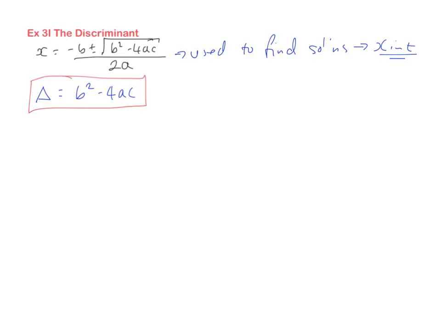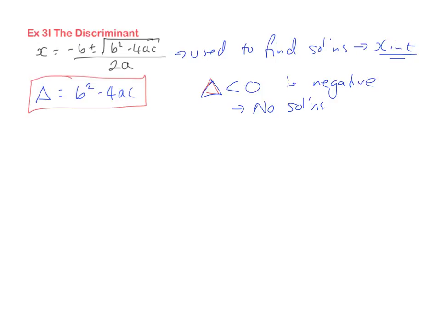So if the discriminant is less than 0, if it's negative, then there's no solutions. If you think about it, you can't take the square root of a negative number in the real number plane. There's imaginary numbers, but we're not going to go into that. That's for our specialist.